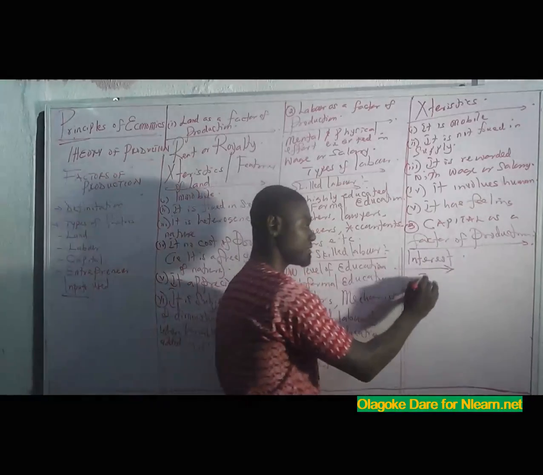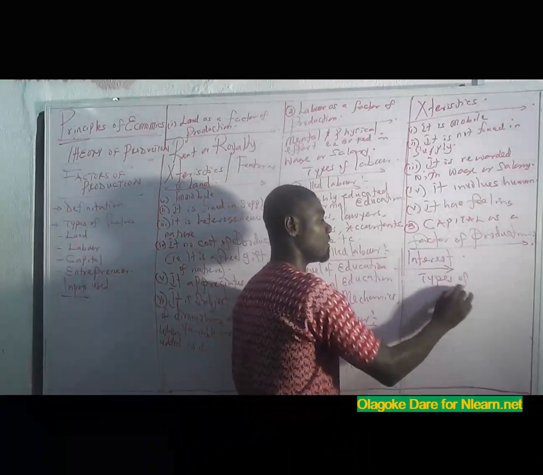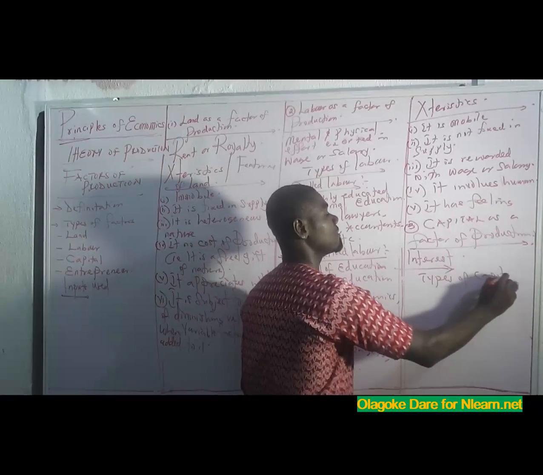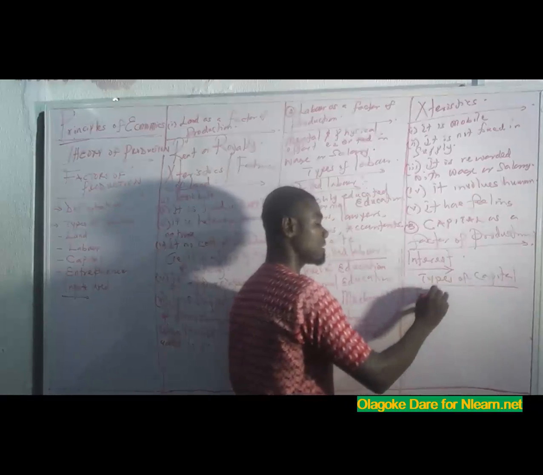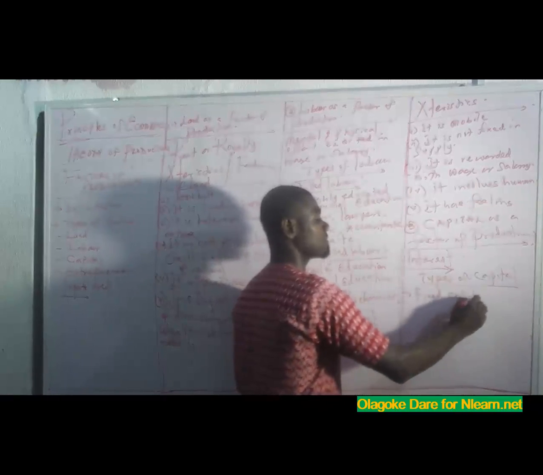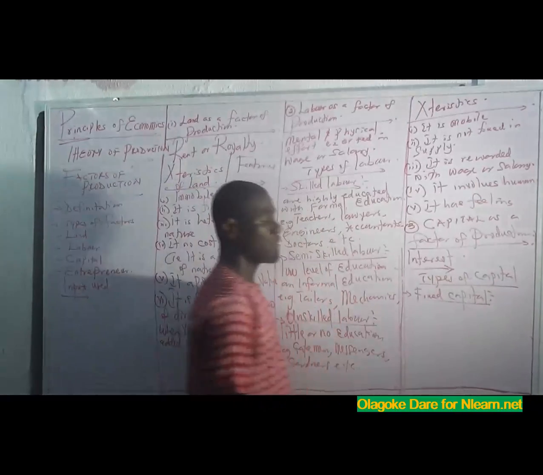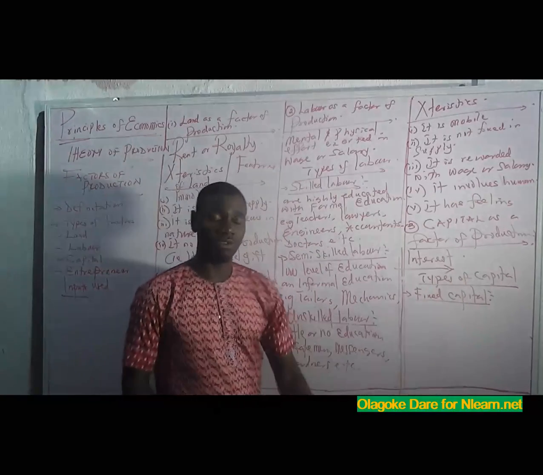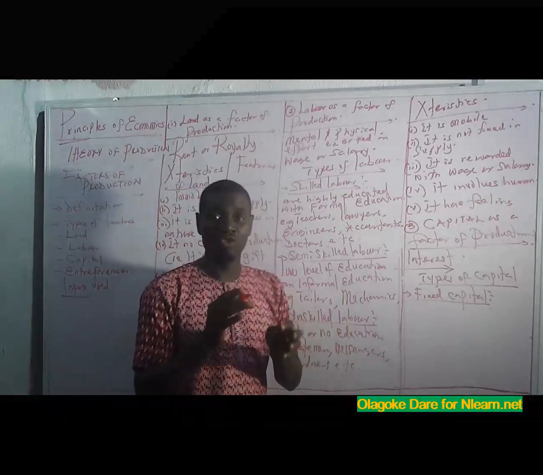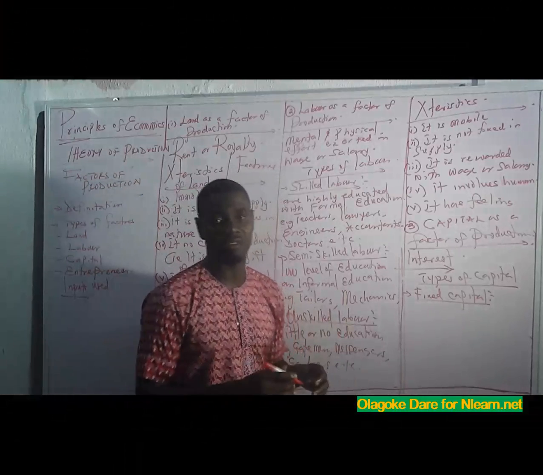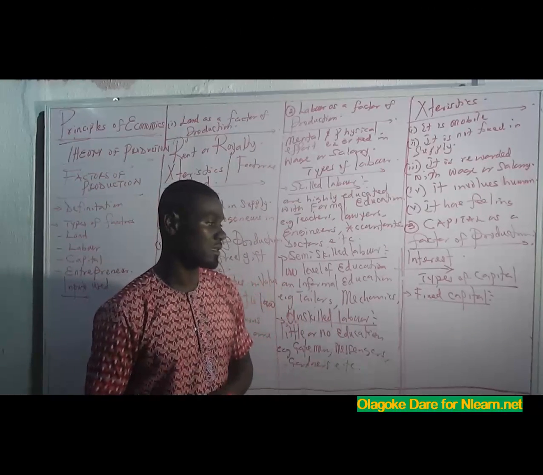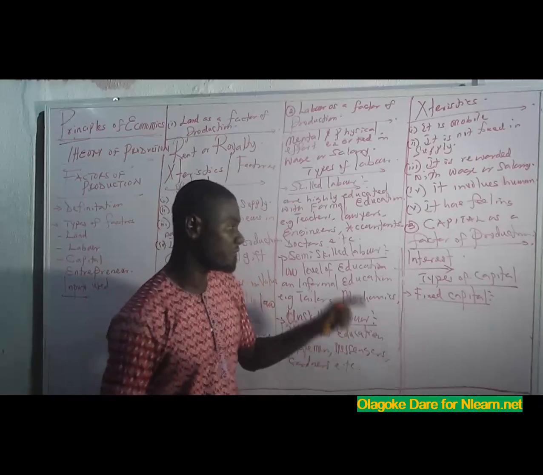We have types of capital. Number one is what we call fixed capital. Fixed capital consists of equipment used in the production process. Any equipment used in the production process is referred to as what? Fixed capital.